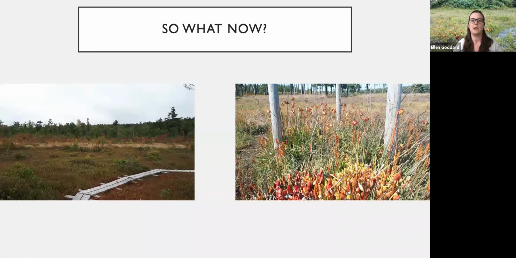So what do I actually want to know? And why do we care about this? In its introduced range, the purple pitcher plant is actually said to become invasive. So it's not a traditional invasive plant. In fact, because it's in those fragmented habitats, it can't move between them. But once it's introduced into a single site, it can dominate that site.